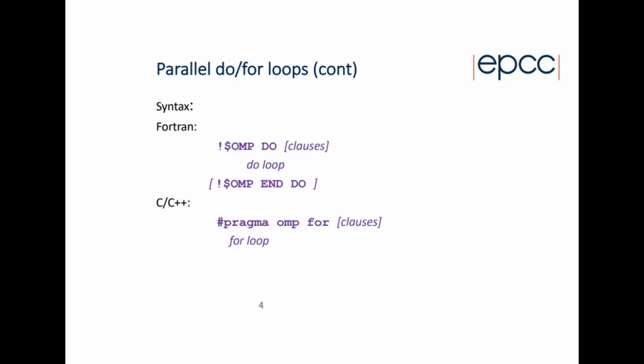It's therefore for convenience and nice formatting. Most other OpenMP constructs in Fortran have a start directive and an end directive. So if you want to put the end do there to make your code look tidy and neat, then fine, feel free to use it, but it's not necessary.